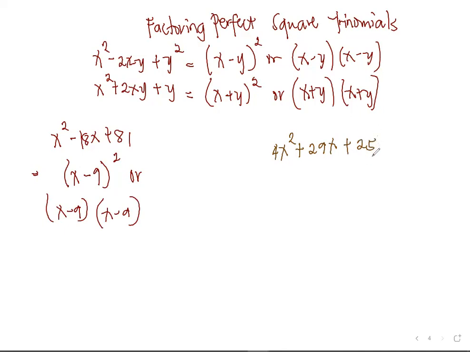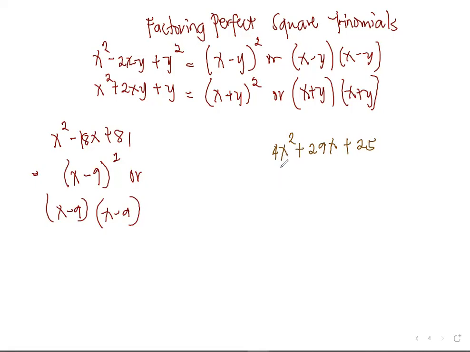Katulad po ng sabi ko sa inyo kanina, kung hindi po perfect square si 4, you need to divide the number to its number din, but in all terms. Kapag magsisimplify ka sa first term, isi-simplify mo din siya sa second term and also in the last term. Since perfect square na po yung first term at yung last term natin, we just need to get the square root of the first and the last term.